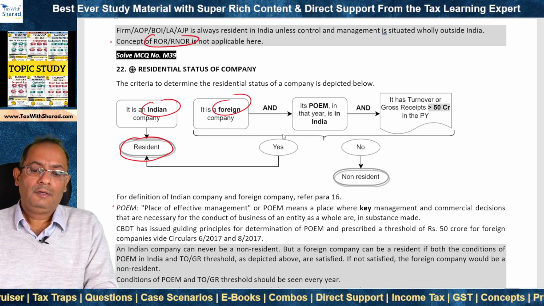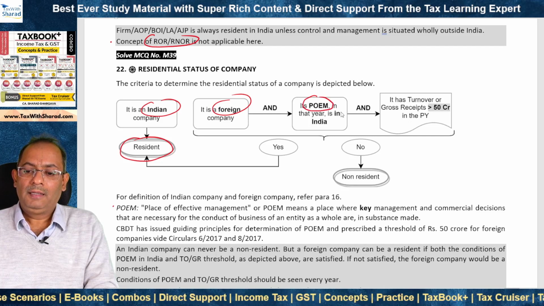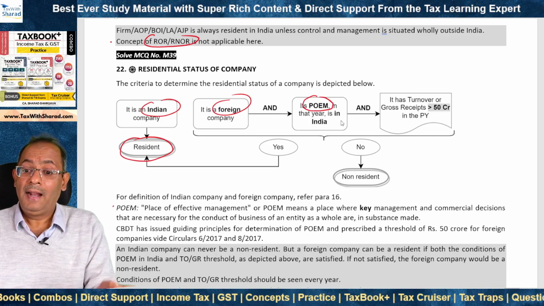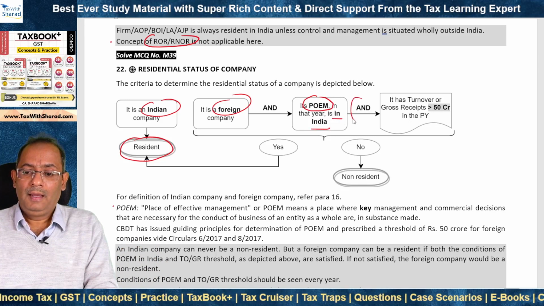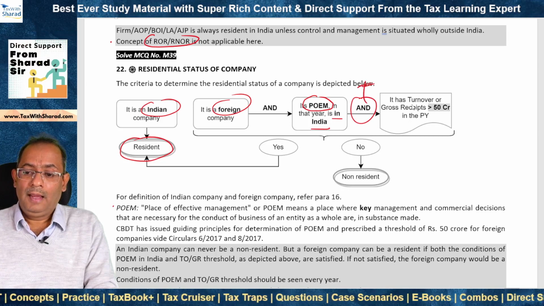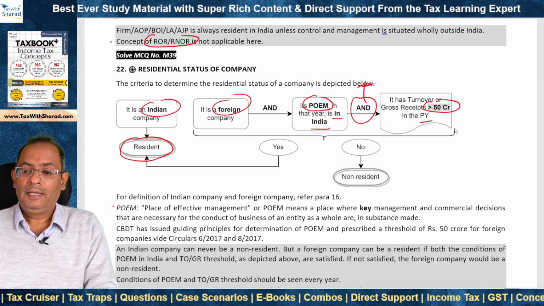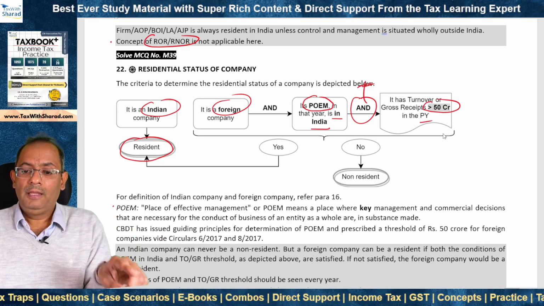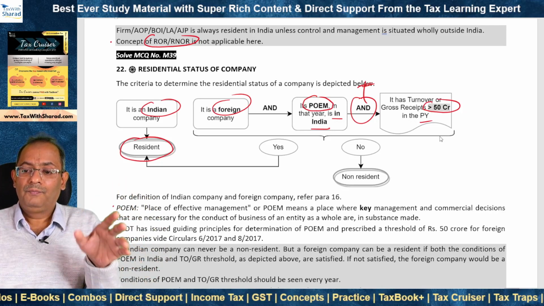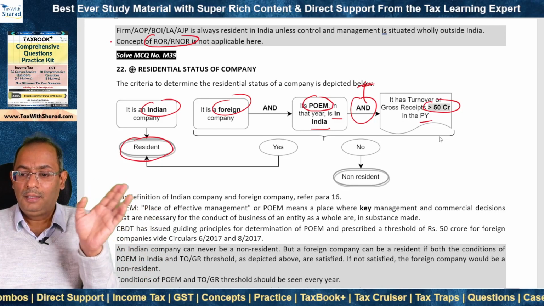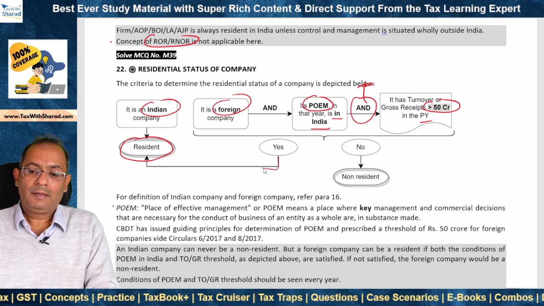The condition for becoming a resident is that its place of effective management, that is its POEM, in that year, in the previous year, is in India, and it has turnover or gross receipts greater than 50 crore in that previous year. So if the POEM in the current previous year is in India and in that year it has turnover or gross receipts greater than 50 crore, then even though the company is a foreign company, it will be treated as a resident.